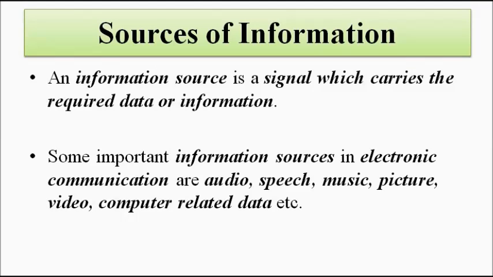The data can be present in one of the signal characteristics. It can be in the form of amplitude change, frequency change, or phase change. Also, suitable patterns of signal can represent information.